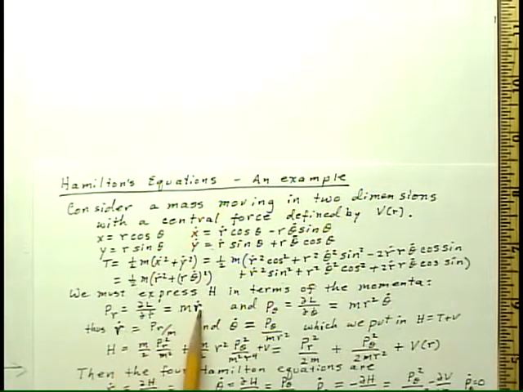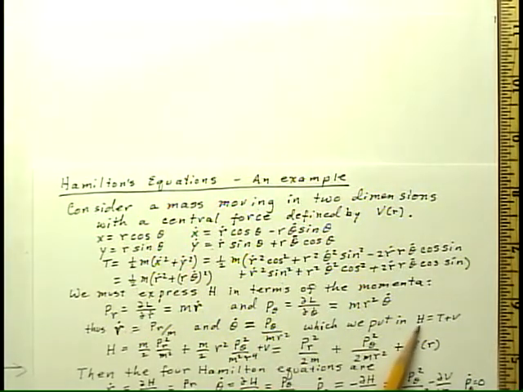Consequently, doing the inverse solution, we can see from this equation that r dot is the radial momentum divided by m. And theta dot from this equation is equal to p theta divided by m r squared.